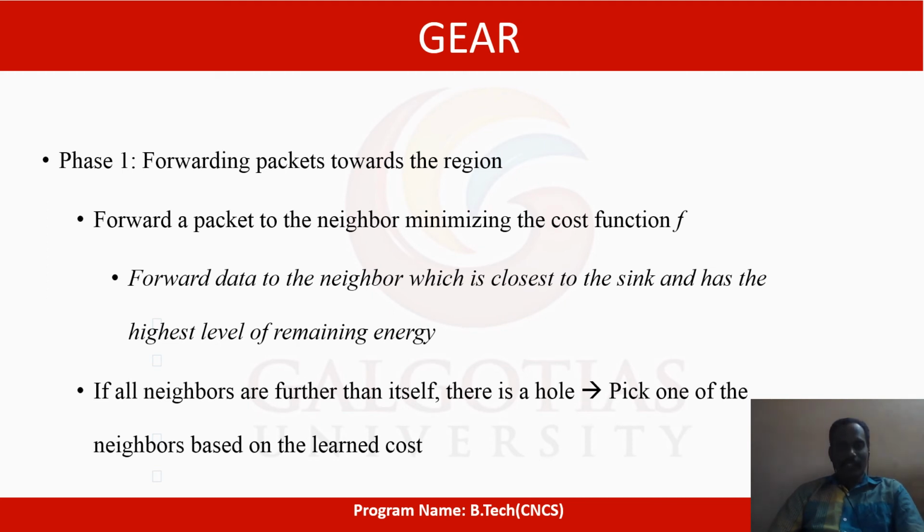In phase 1, the packet is forwarded towards the target region. The packet is forwarded to the neighbor that minimizes the cost function. If all the neighbors are further away than the node itself, it picks one of the neighbors based on the learned cost.